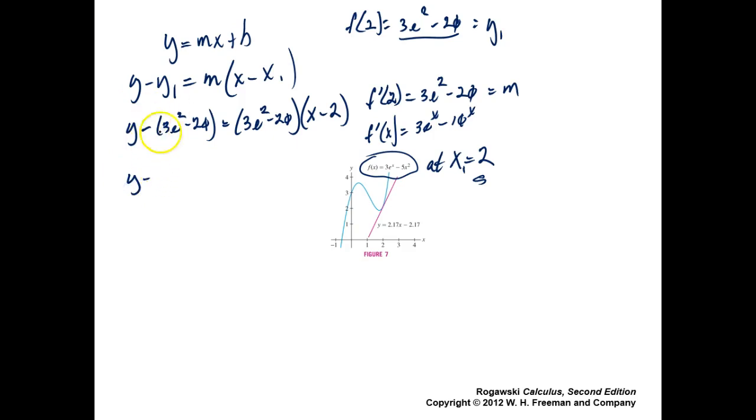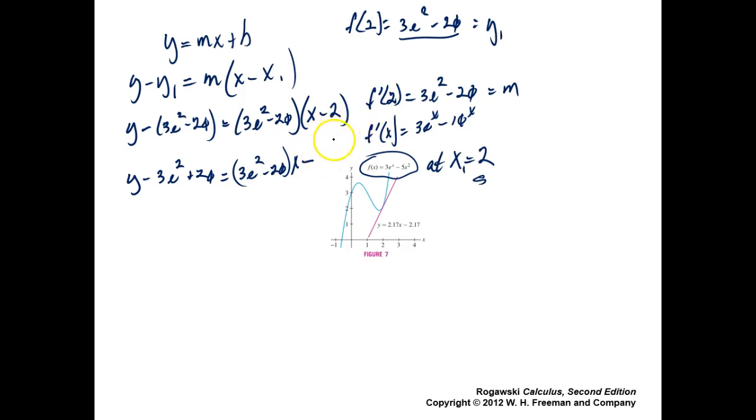Okay. All right, so what do we have? Y minus, let's go on and clear those parentheses, 3e squared plus 20, right, is equal to, and boy, that's a pain in the neck, isn't it? Let's FOIL that and see what we get. Well, no, let's not. Let's just keep it. 3e squared minus 20x minus, now let's do the 2 here, minus 2 times that.